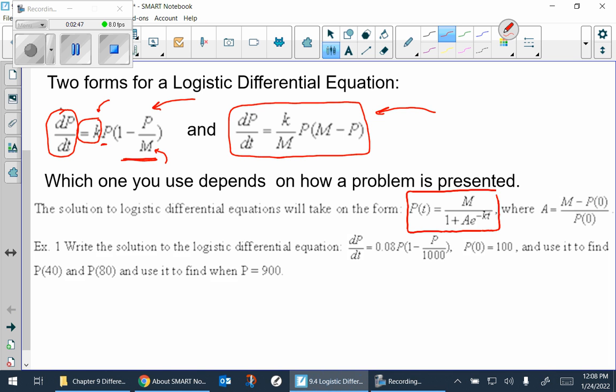The population at any time is the carrying capacity divided by 1 plus A e to the negative k times t. Well, you know t stands for time. You know k is this value right here, if you're using that form of the equation, or maybe it's this value right here if you're using this form of the equation.